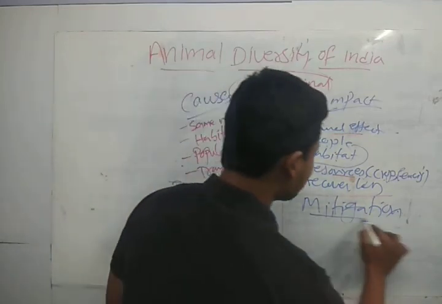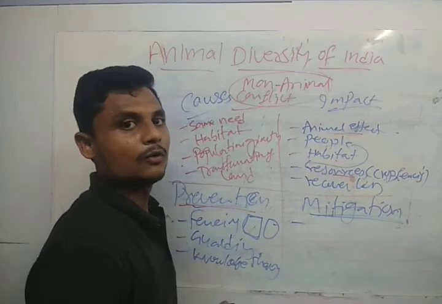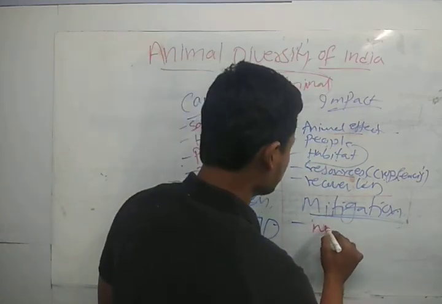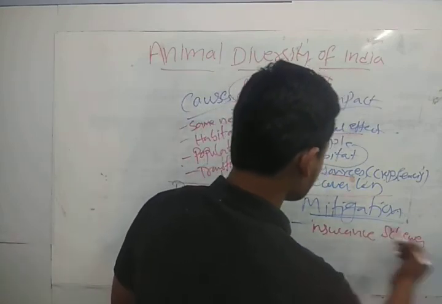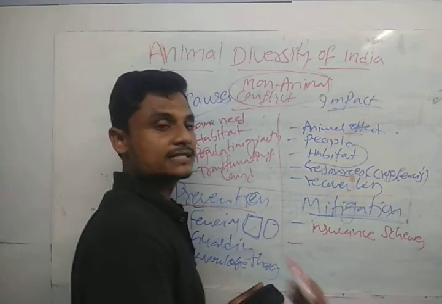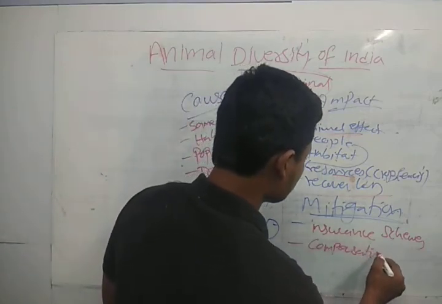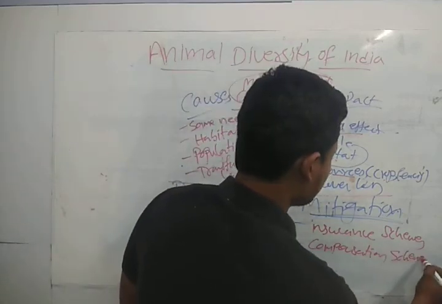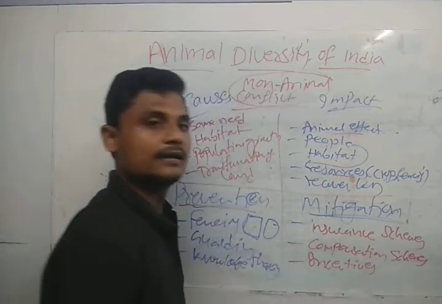After that, what are the mitigation measures that we need to take after this has happened, guys? For this we should have insurance schemes, that is compensation schemes, and incentives.